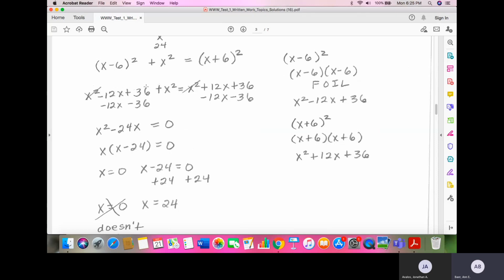First thing we notice is each side has an x squared on it. So we can subtract x squared from both sides, and that would make both of these zeros. So we can cross them out because 0 plus anything is still that thing.